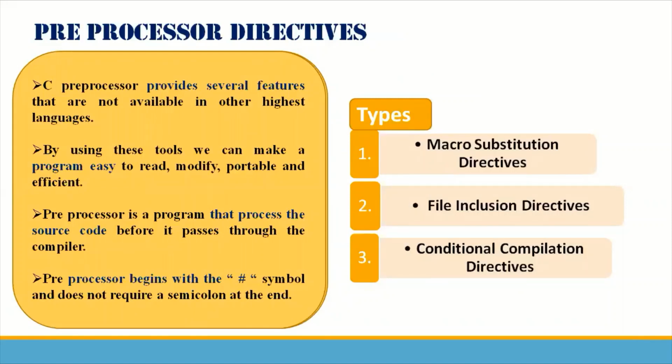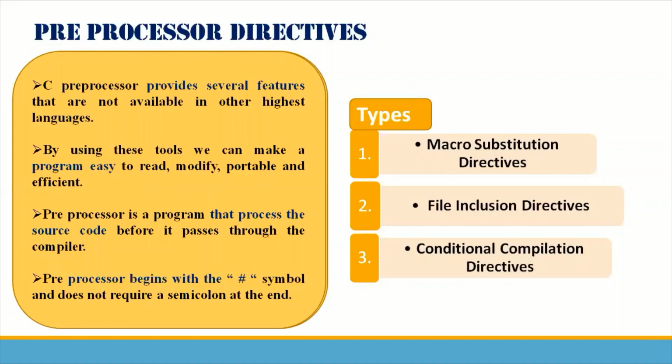A preprocessor is actually a program that processes the source code before it passes through the compiler. The preprocessor is a directive which gives directions to the compiler, and the compiler converts high-level language into low-level language, also called machine-level language.